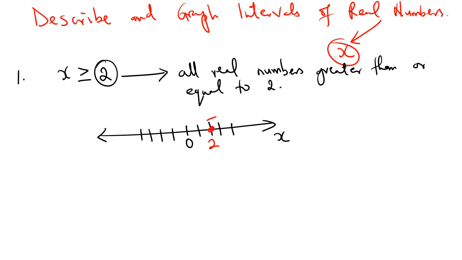So I'm going to use what you call a square bracket. When you have greater or equal or less or equal, you will have to use square brackets. Now, since we have all numbers to the right of 2, I would just draw an arrow going to positive infinity.